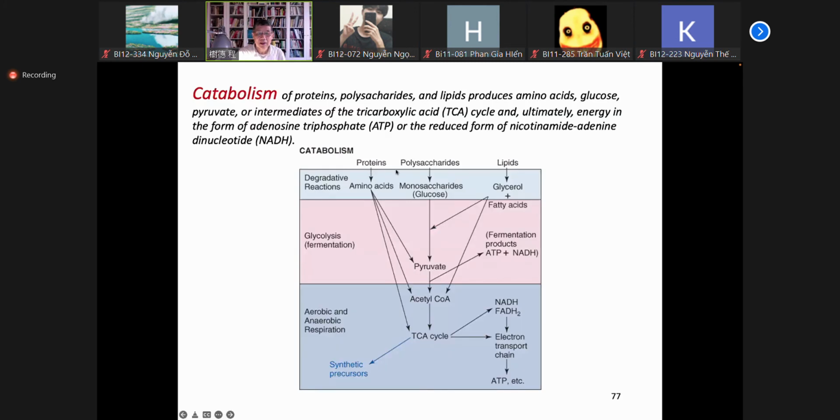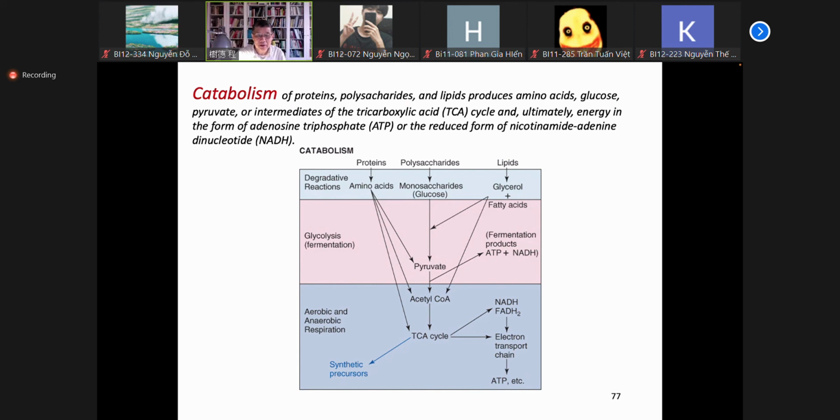Using the outside proteins, polysaccharide, lipid, and degrade into the basic building blocks, and then through glycolysis and also aerobic and to generate ATP to generate energy, or from the TCA intermediate, and try to go into the anabolic process, that is to build up protein or build up lipid or build up DNA.